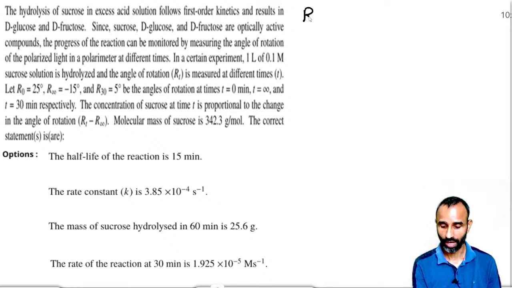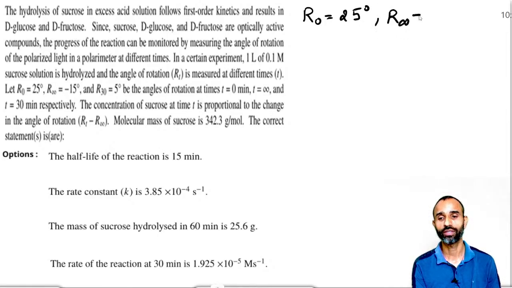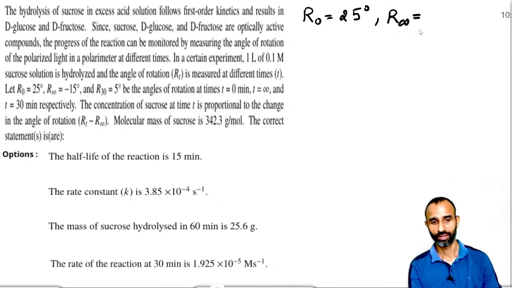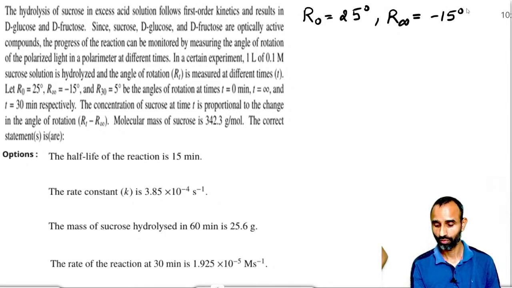See, R naught is given to you. Knowing the formula, you can easily calculate it. R infinity is given to you, minus 53, and R at time 30 minutes is given as 5 degrees.